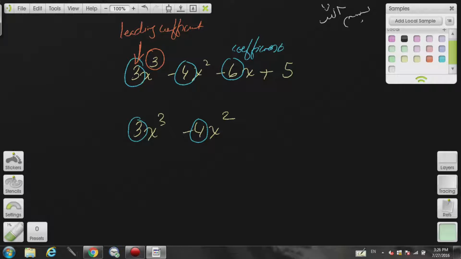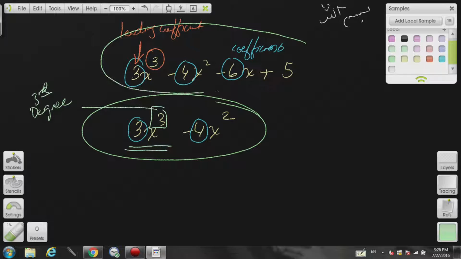Right? And the variable with the highest exponent gives you the degree of the polynomial. So this is a third degree polynomial, and this one is also a third degree polynomial. They're both third degree polynomials. But this third degree polynomial has 2 terms, and this third degree polynomial has 4 terms.